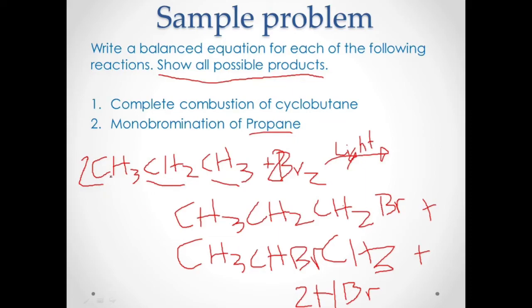Then you have 2 CH3CH2CH3 also, and that 2 hydrogens are being substituted at carbon number 1 and carbon number 2. So this is now the balanced chemical equation for the monobromination of propane. So you would expect two products: 1-bromopropane and 2-bromopropane. Okay, next.